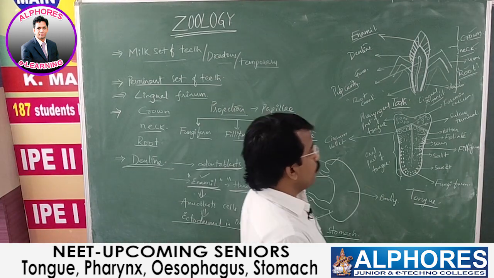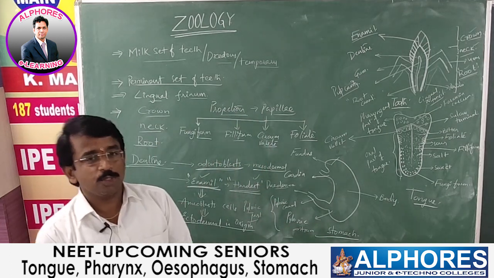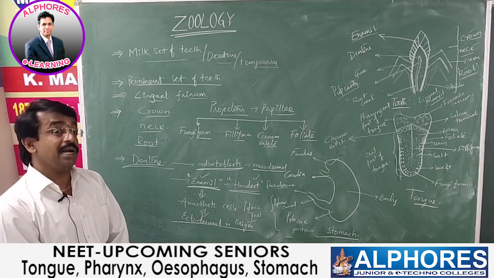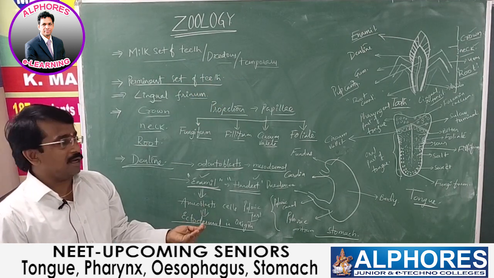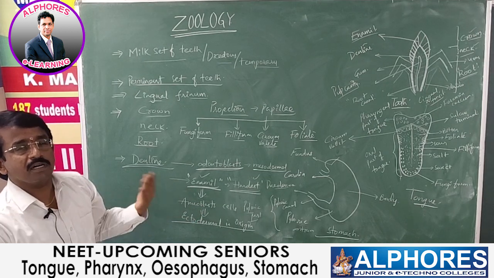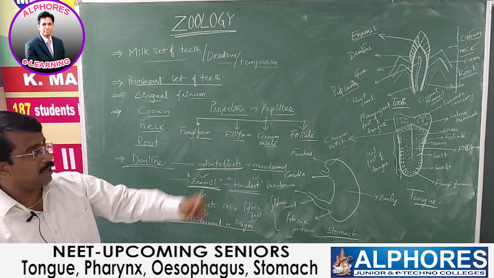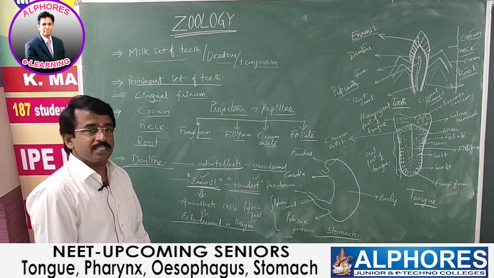Next, the foliate. Basically, the foliate papillae are considered to be underdeveloped in human beings. Underdeveloped means that they are formed in children, but they are not developed in the adult stages. They degenerate. That's why the foliate are not developed in the adult stage.